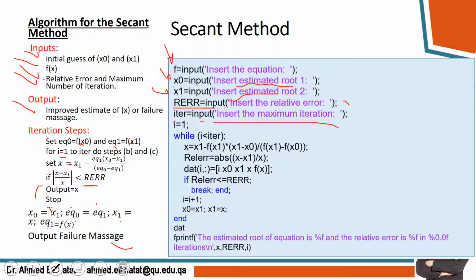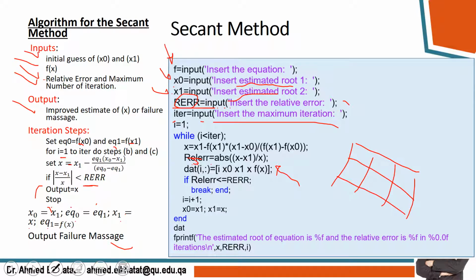Then find the relative error: eps equals x minus x1 over x. As we said last time, this is used to record. You can cancel this one if you don't want to record, but it's good to see how your iteration went. Then if the relative error is less than our relative error, it's case sensitive as we said before, and we defined the new error here, then break.